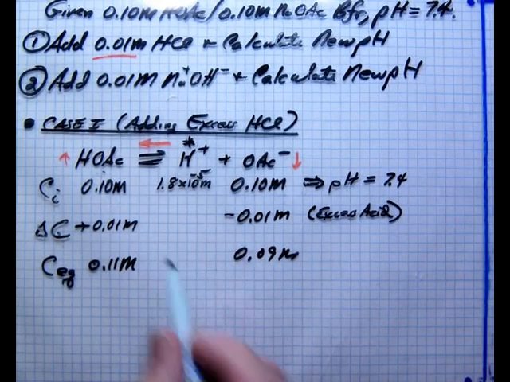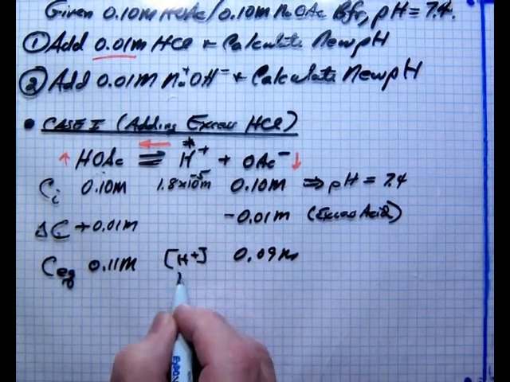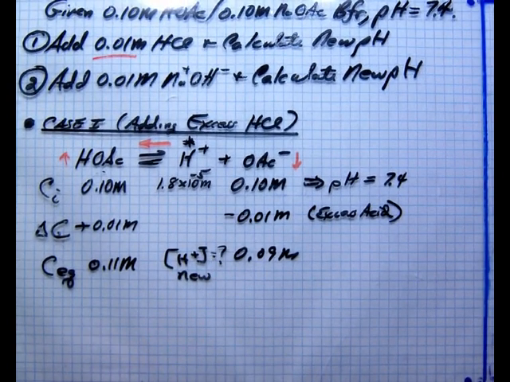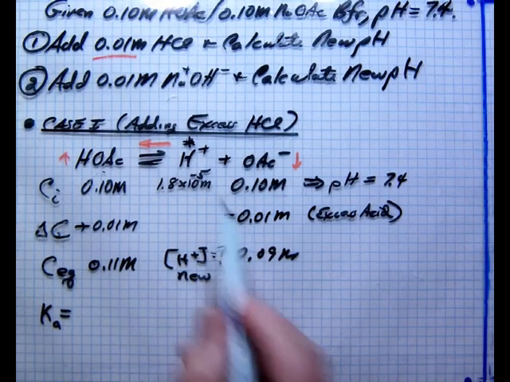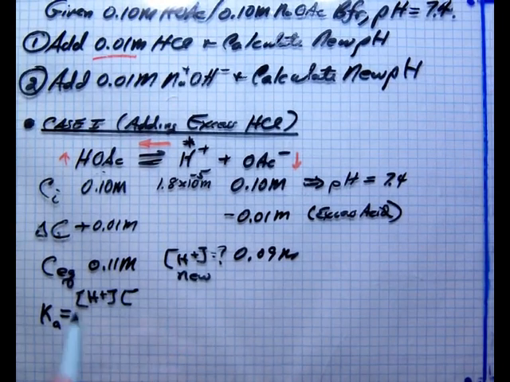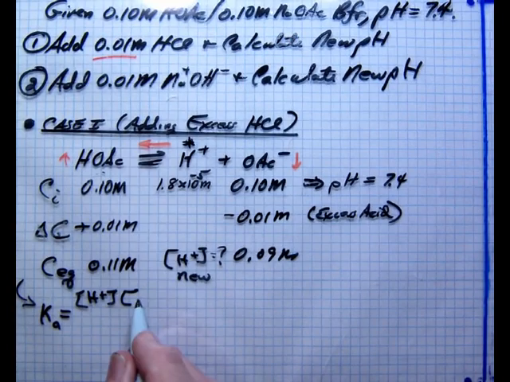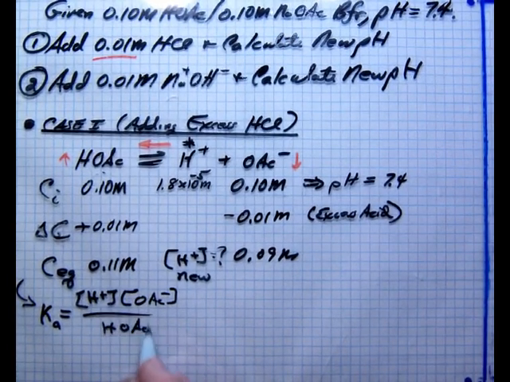Now, as a common ion issue, we have to apply the equilibrium expression to calculate what the new hydronium ion concentration is. So we don't know. From Ka, okay, equals the product's H plus concentration, and we're talking about new equilibrium, times the new acetate concentration over the new acetic acid concentration.